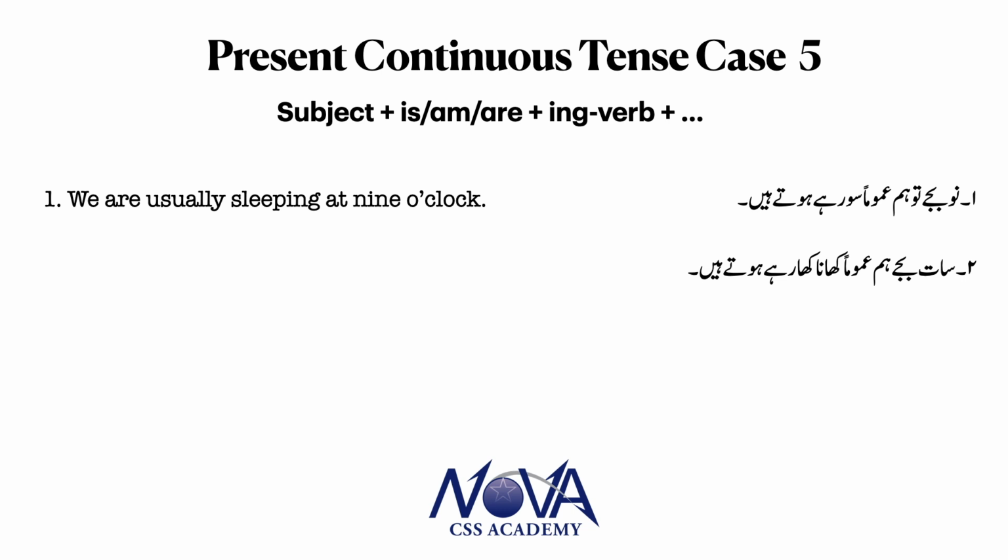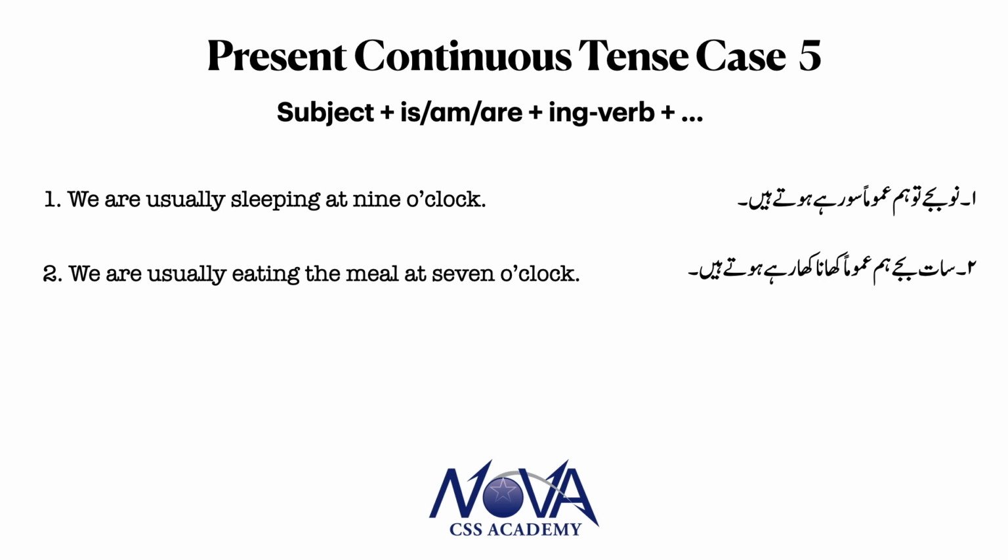The translation of this sentence in English language will be, we are usually eating the meal at 7 o'clock. In this case, we do not find any alternative as we found in sentence number 1. So, we have to understand the use of present continuous tense for such situations and such actions.